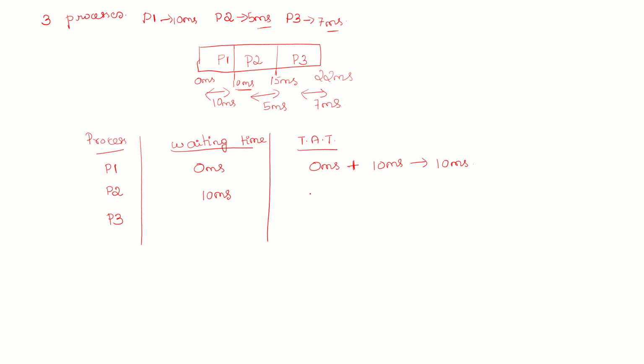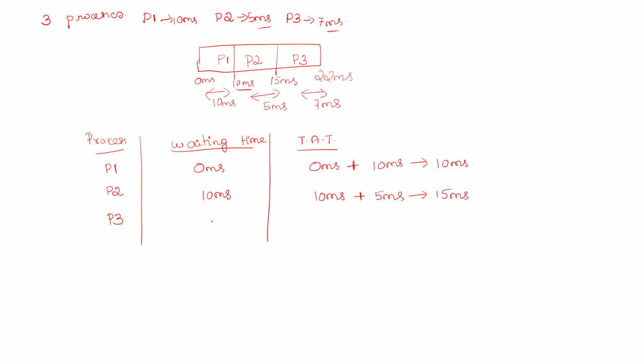Time spent in the ready queue by P2 plus the execution time of it. What is the time spent in the ready queue? We can say it is 10 milliseconds, isn't it? Plus, what is the execution time for P2? It is 5 milliseconds, isn't it? So, 10 plus 5, so it is 15 milliseconds.